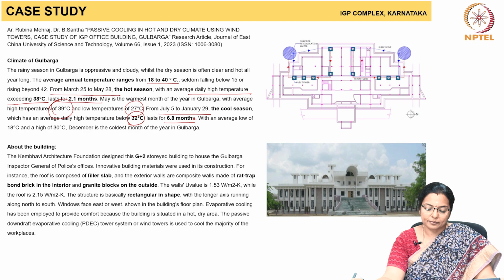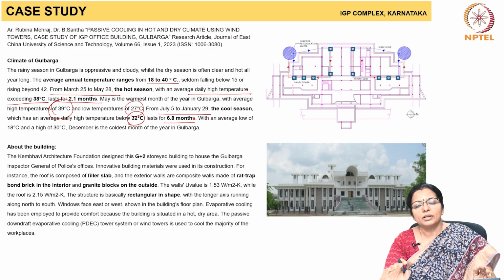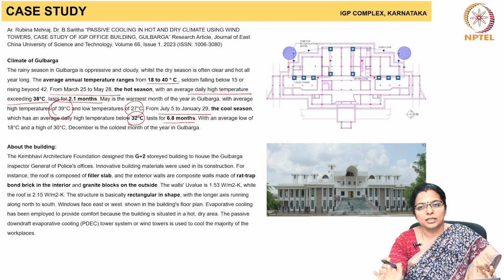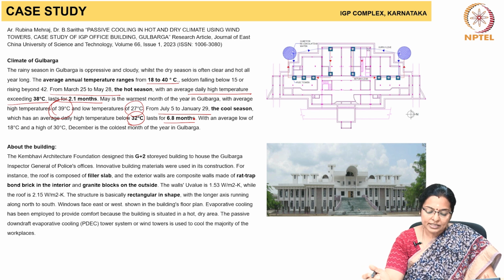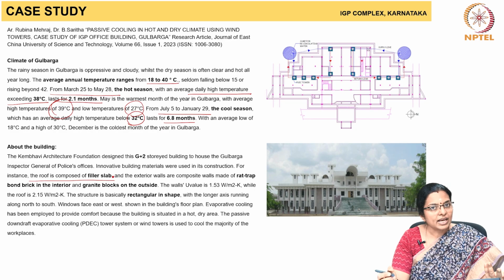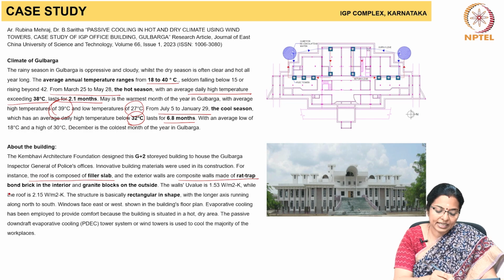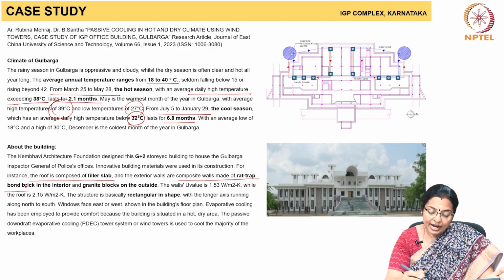If we look at the building, the IGP building is a ground plus 2-storied structure to house the Gulbarga IGP's office. There are many other simple and advanced passive techniques used in this building. Some of these are: the roof is composed of a filler slab that gives insulation. The exterior walls are composite walls made up of rat trap bond and granite facing on the outside.